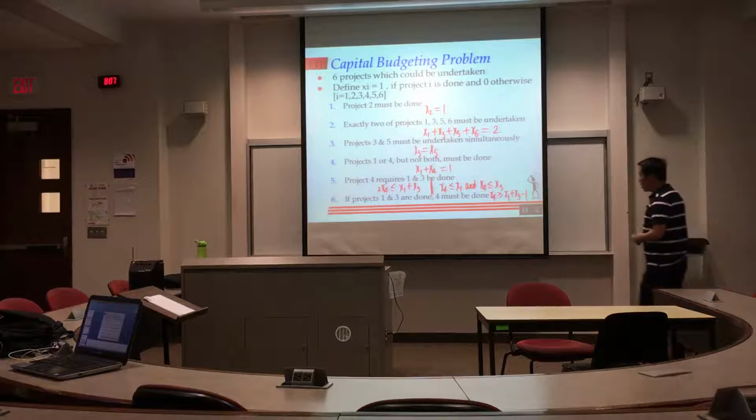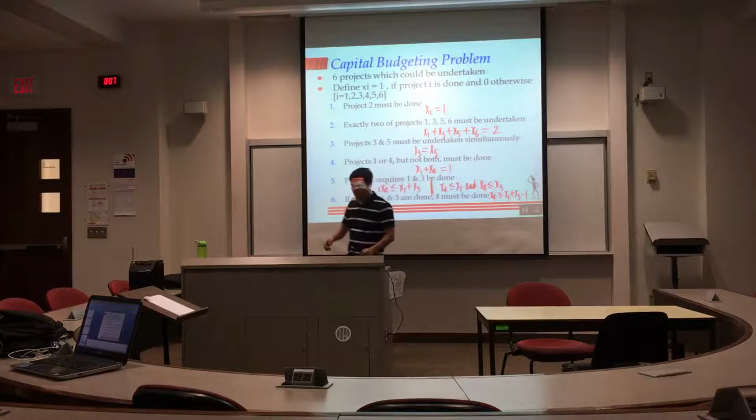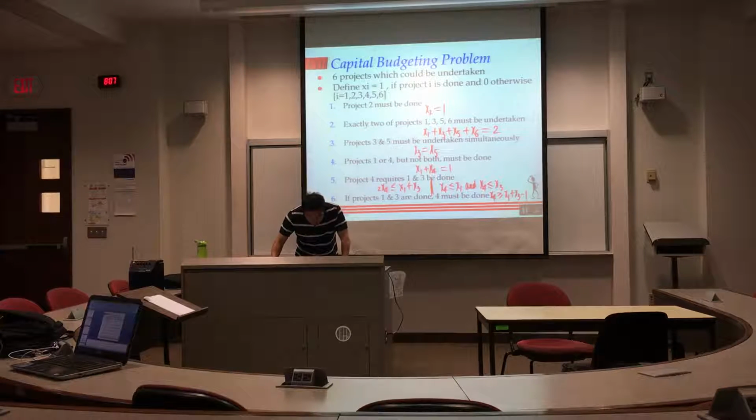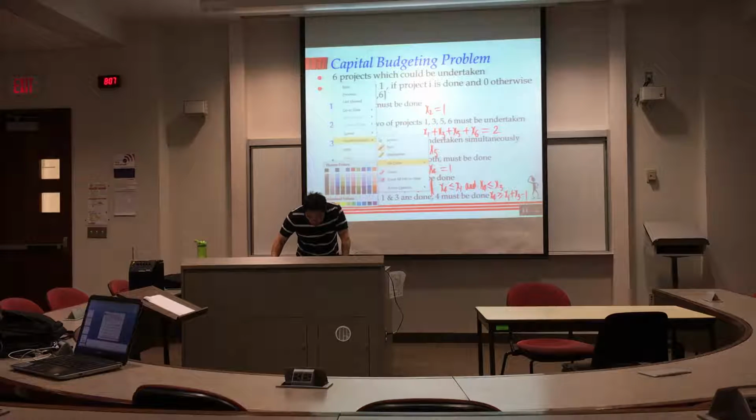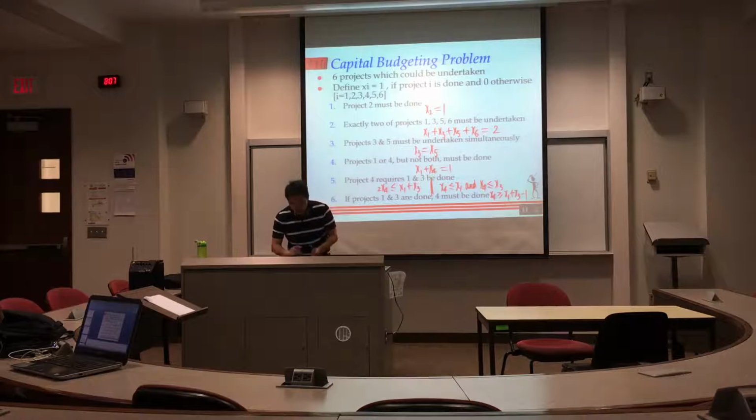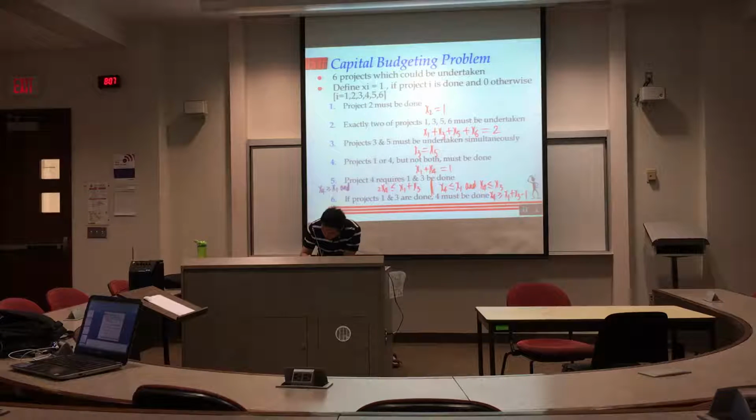Okay, so let me write it down and see. That's a very good point. Sorry, greater than or equal to. Yeah, that might be better, but let's see. Okay, so certainly you can write x4 larger than or equal to x1 and x4 larger than or equal to x3.